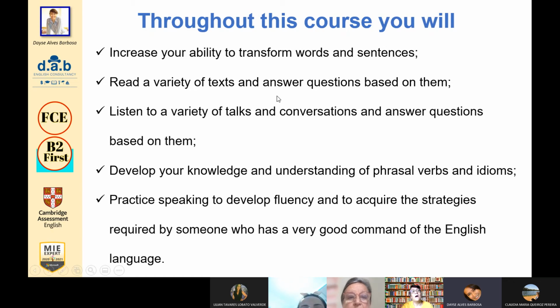You will also acquire the ability of reading texts in varied contexts, in many different areas, and this is one of the difficulties of exams like the FCE and CAE. Many students, principally teenagers, come to me and say, teacher, this text is very boring.